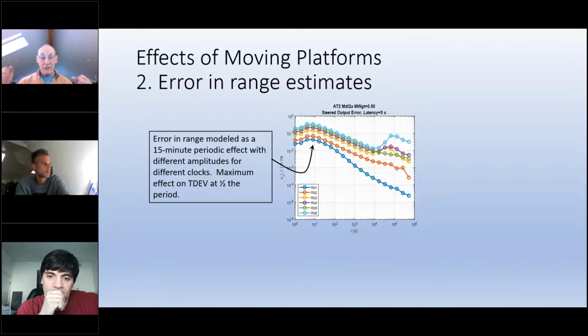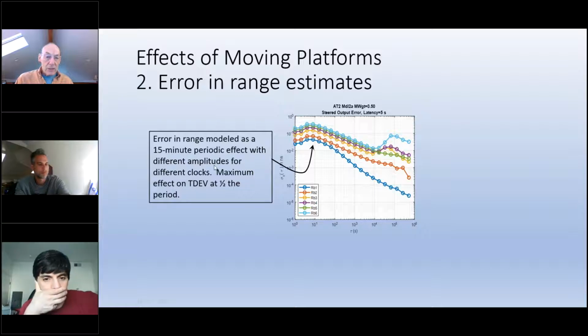I imagined in this case that you had aircraft or drones flying around, and you're trying to maintain ensemble time in drones. Suppose you can't depend on GPS, either because you're in an urban canyon or a GPS denied area, and you're measuring them against each other. Well, there's going to be errors in the range, in the position of these drones.